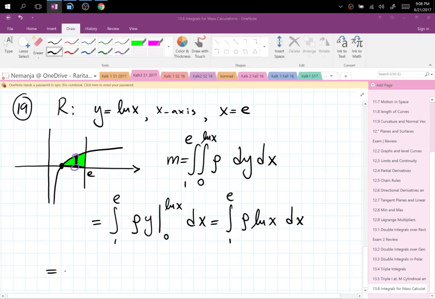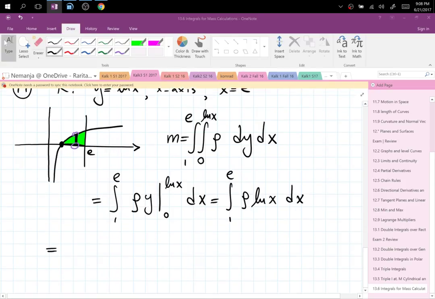Now we have to integrate ln x, and I'm not sure if you remember the integral of ln x, which is really bad. X plus x ln x. No. Anyone?